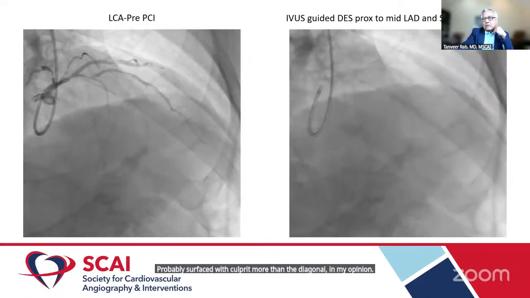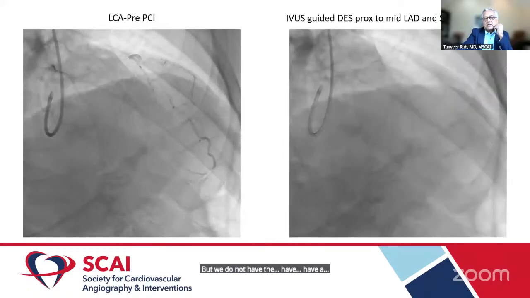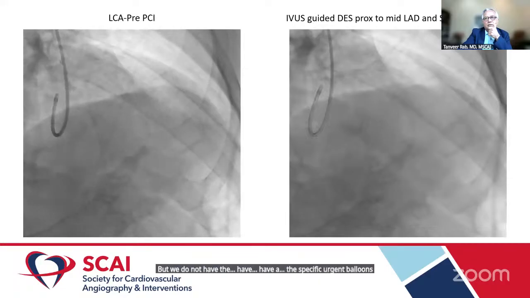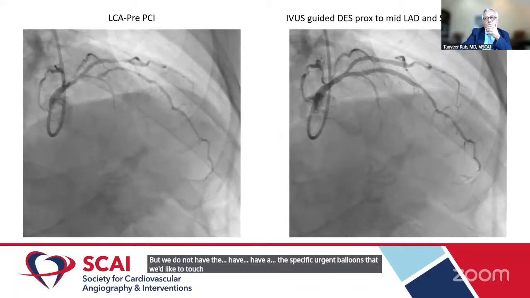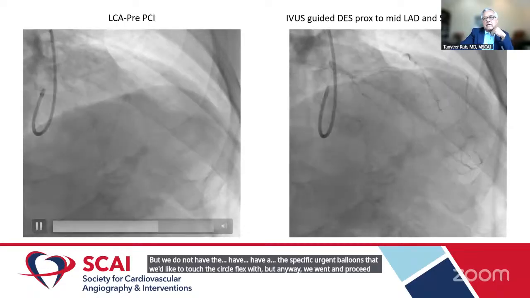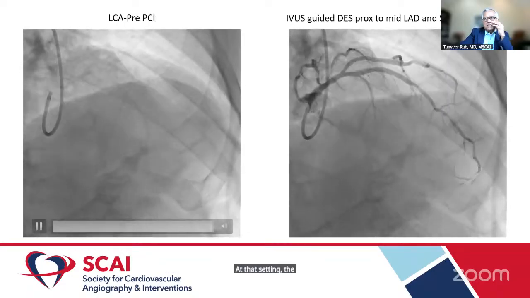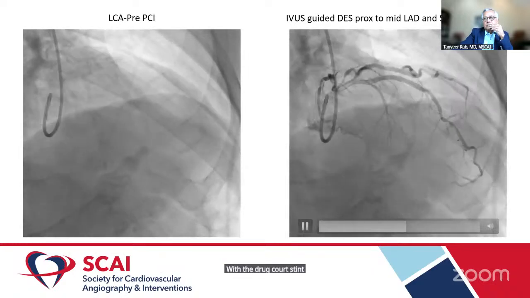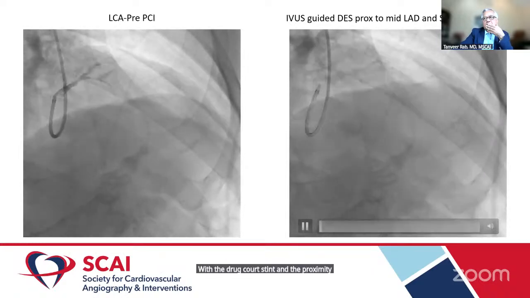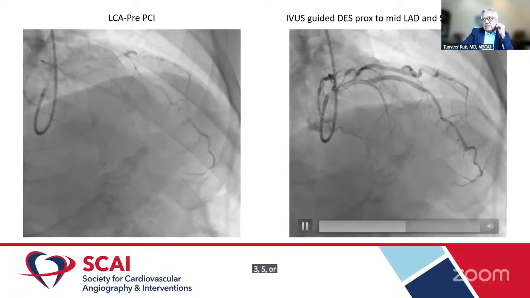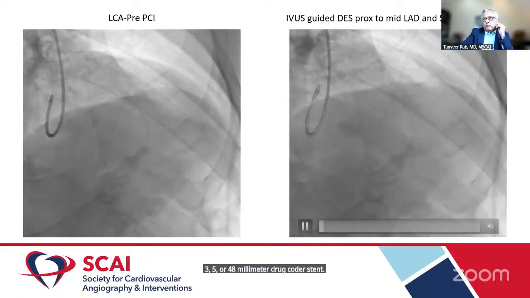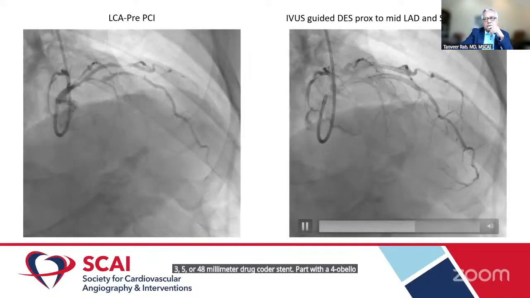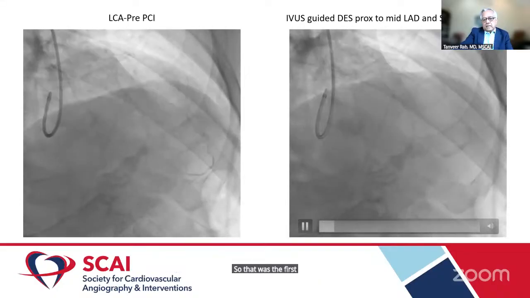But we do not have the specific agent balloons that we would like to treat the circumflex with. So the first day we just treated the diagonal with a drug-coated stent, and the proximal to mid LAD with a very long 3.5 by 48 millimeter drug-coated stent with a 4 balloon proximally. That was the first day, and then we brought him back the next day.